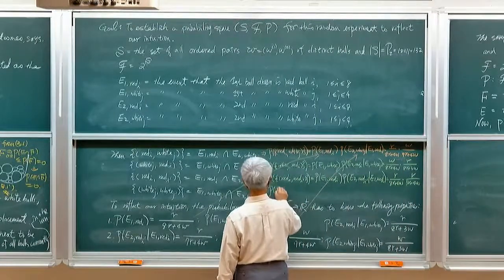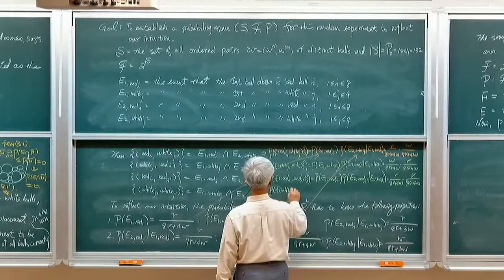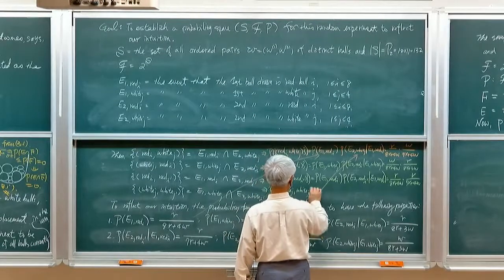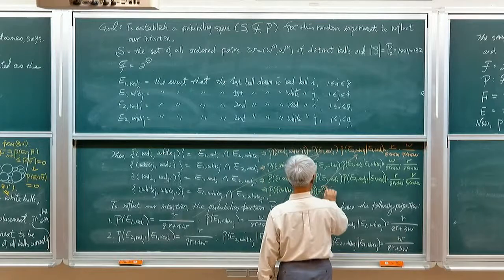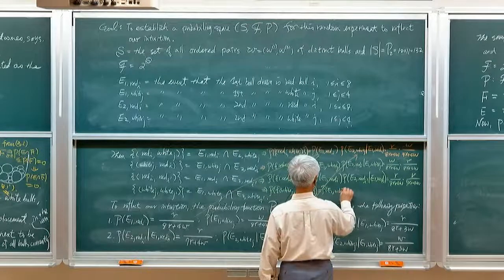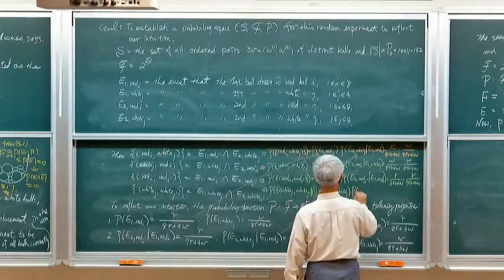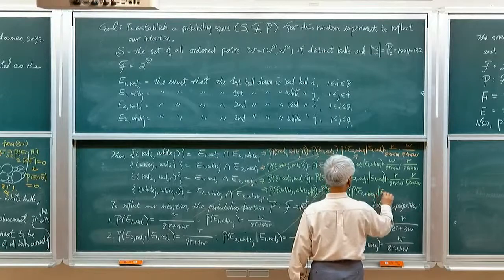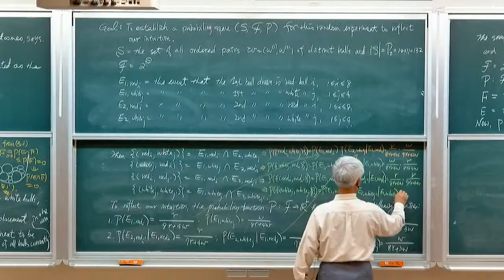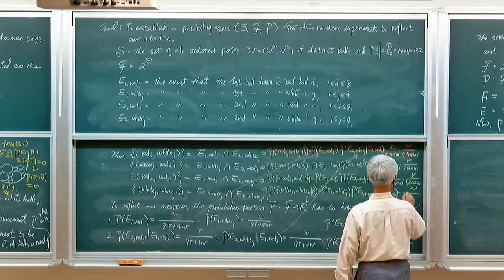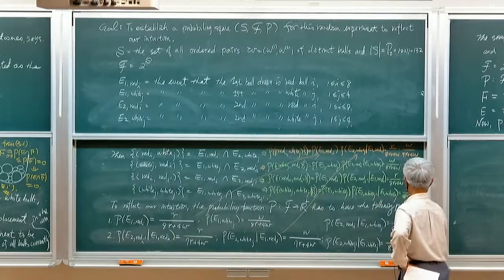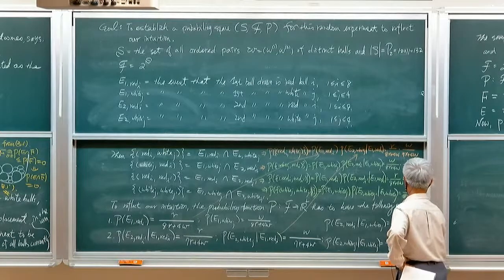And finally, white J prime: probability E1 white J times probability E2 white J prime given E1 white J, which is equal to W over 8R plus 4W times the corresponding factor over 8R plus 3W.